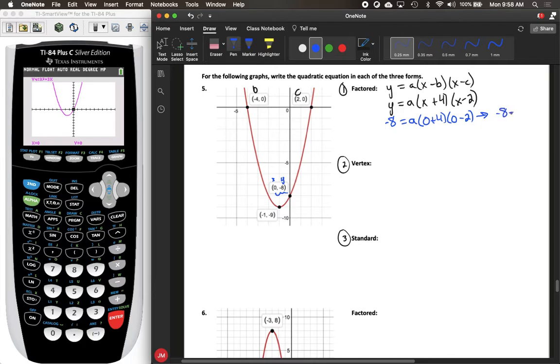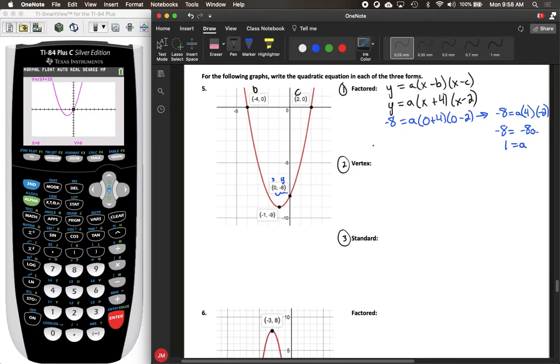Let's simplify what we had in the parentheses. 0 plus 4 is 4. 0 minus 2 is -2. On the right side, 4 multiplied by -2 is -8. So now we've got that -8 is equal to -8 multiplied by a. To get a by itself, we just divide each side by -8. And it turns out that a is equal to 1.